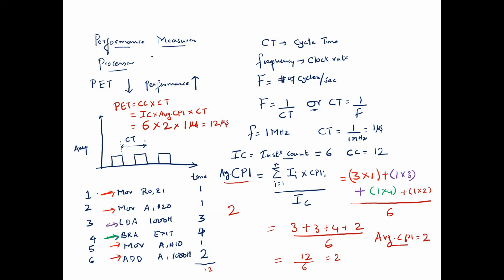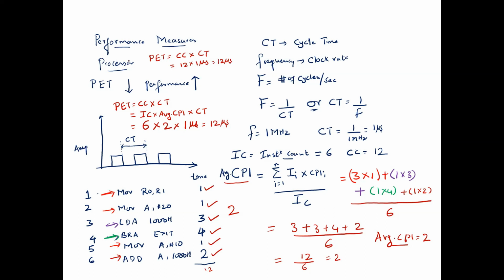If I use this formula, program execution time is equal to cycle count multiplied by cycle time. Now what is the cycle count? How many cycles will your complete program take? You need to count 1 plus 1 plus 3 plus 4 plus 1 plus 2, which also becomes 12. 12 multiplied by the cycle time of 1 microsecond, then again you will get 12 microseconds.